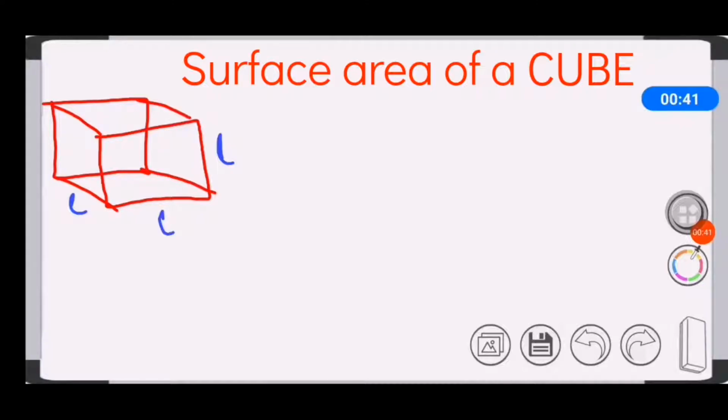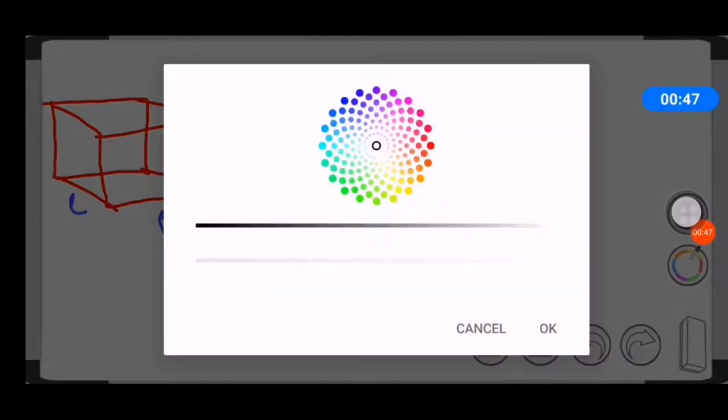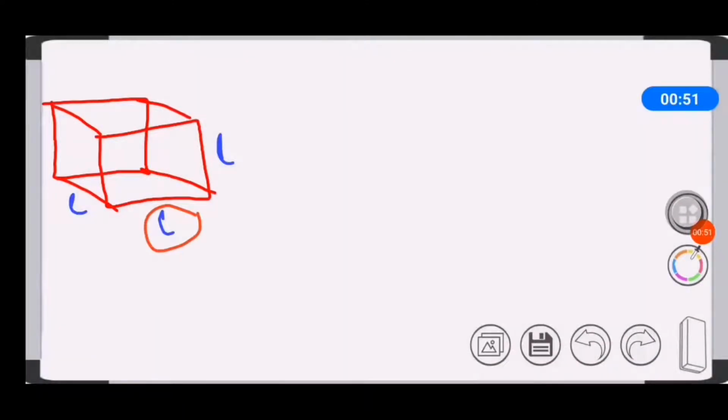In a rectangle, the length is longer than the width. However, in a square, as you can see, all the lengths are equal. So the sides are equal, so the length instead of the width is still the length. Remember we said that to find the total surface area of any 3D shape, we find the areas of the different faces.